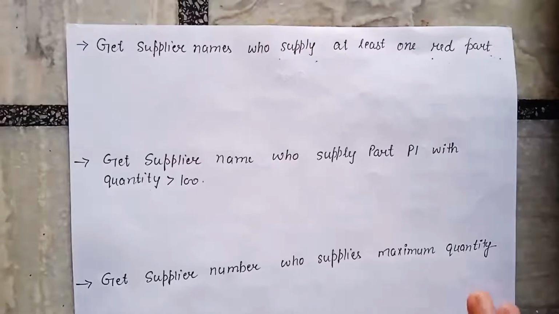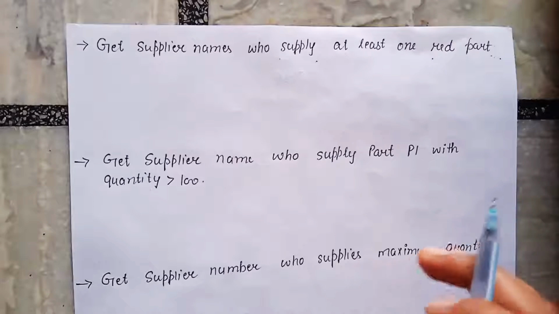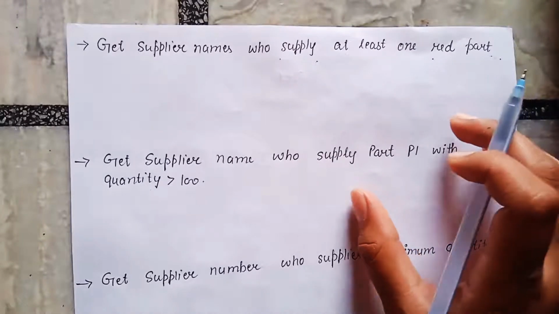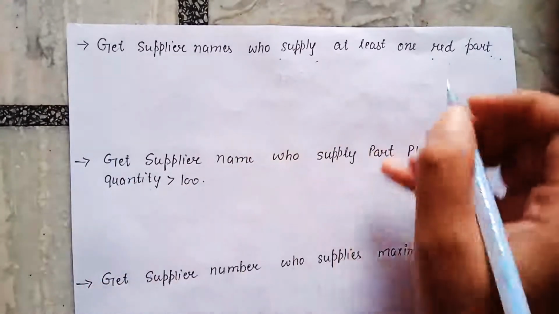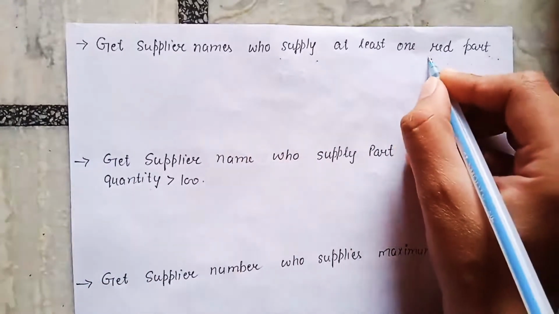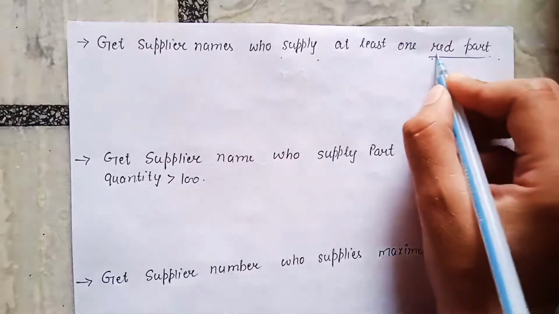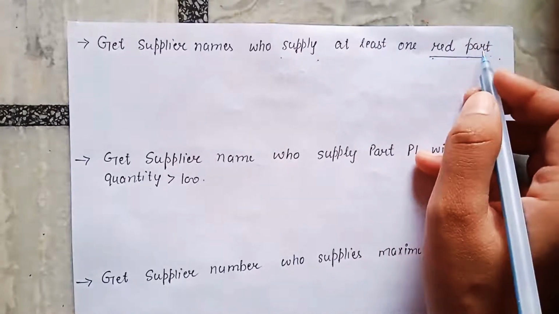So this is the next query. Now let's see the next query over here. So what is the next query? Get supplier names who supply at least one red part. Now how do we solve this query? So just start from the end of the query. Firstly we will get to know about how many parts from the parts table are red in color, the PIDs of all the parts that are red.